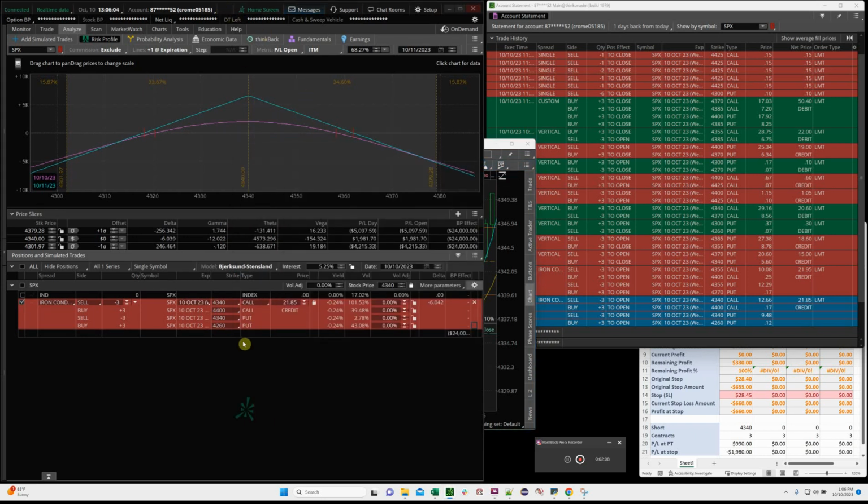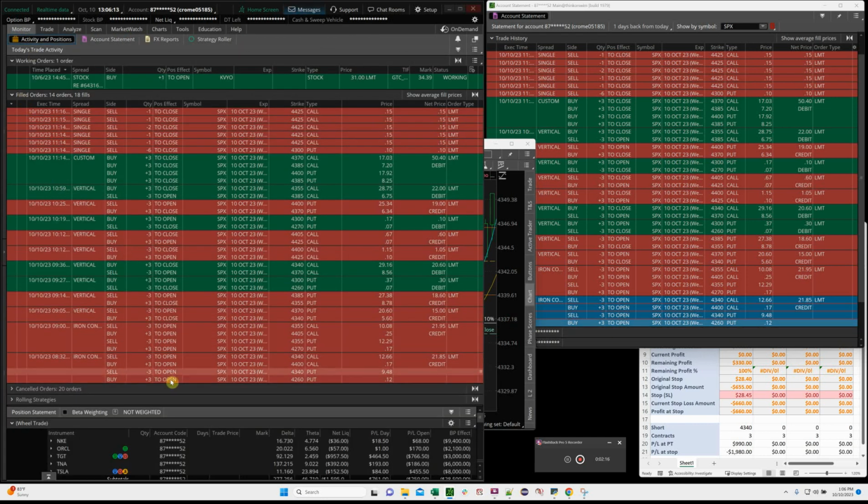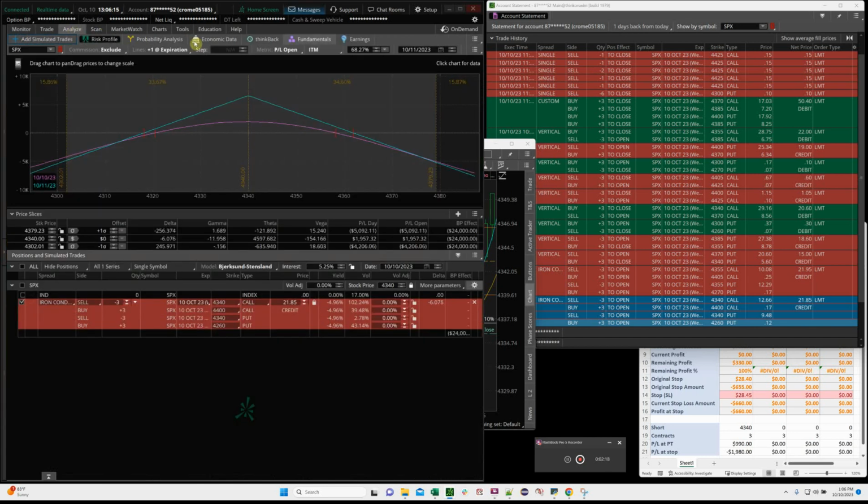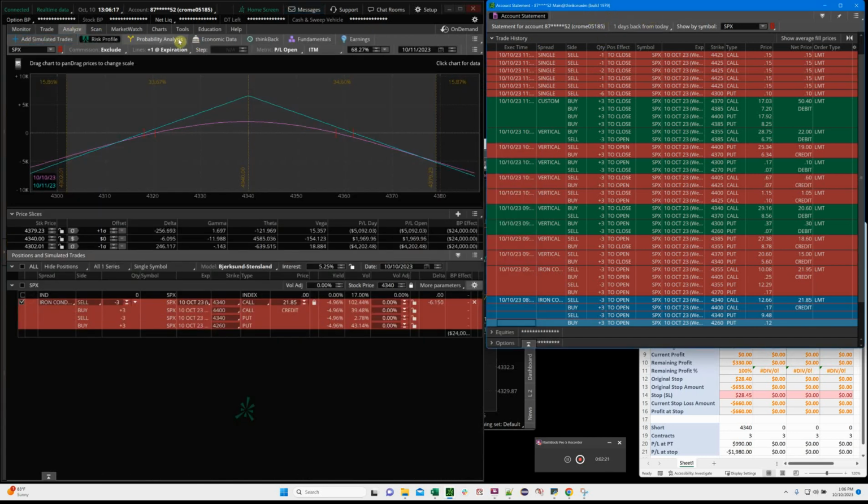And this is what that trade looks like, 43.40. And we got a $21.85 credit for it. And we can see that again in the filled orders, or in the account statement, or we can look at the trade history, and that trade is this trade right here that is highlighted.